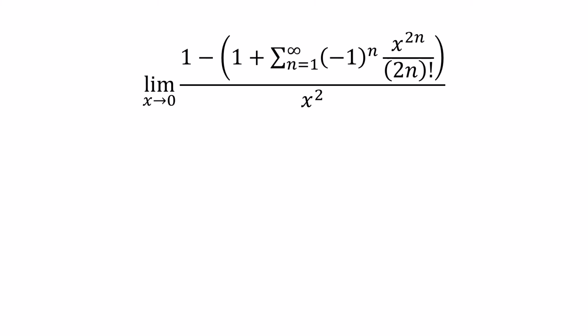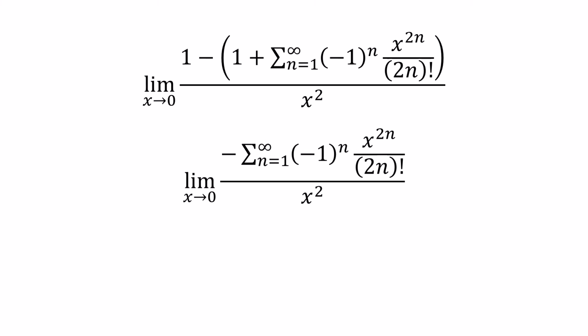Subtracting gives the limit as x approaches 0 of minus the summation from n equals 1 to infinity of negative 1 to the n, x to the 2n over 2n factorial, all over x squared.